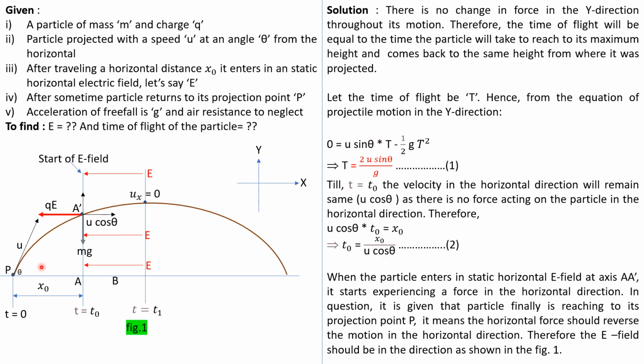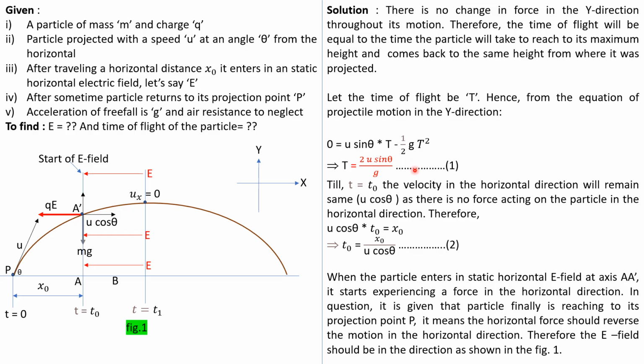Initial velocity in the y direction was u sine theta, because theta is this. So from the y direction, the u will make an angle 90 minus theta, so u sine theta. T we have taken as the time of flight, from the time it was projected to coming back to the point P. So u sine theta into t minus half g t square, you can write this equation.